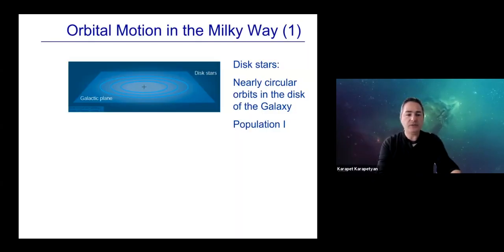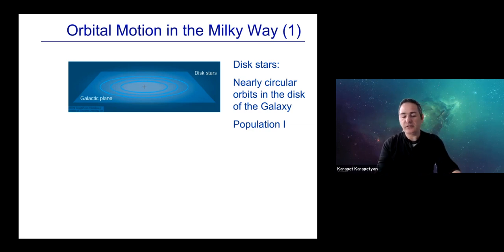So for now, let's go back a few slides, I think at least one slide back. This is where we stopped last time on Tuesday, and we were talking about the orbital motion in the Milky Way. We have the galactic center and what we call the galactic plane.